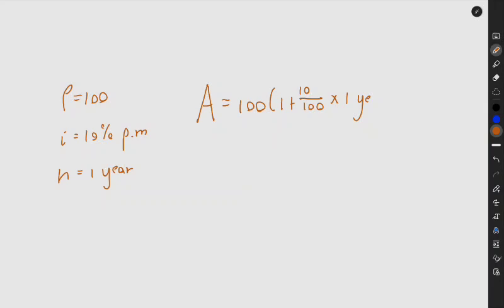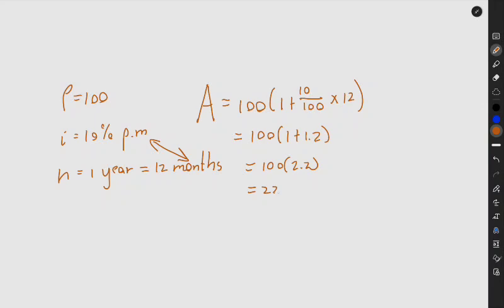Wait, it can't be 1 year. That's exactly right. See, 1 year is equal to 12 months. And notice that the interest rate is in months. So we've got to convert the year into months. Now, using that, which is correct, we'd find that we'd have roughly 100 times 1 plus 1.2. And so you'd end up having 100 times 2.2, which is 220.